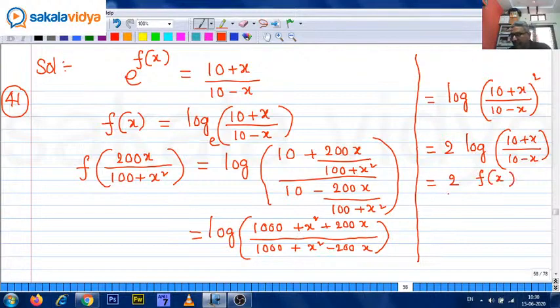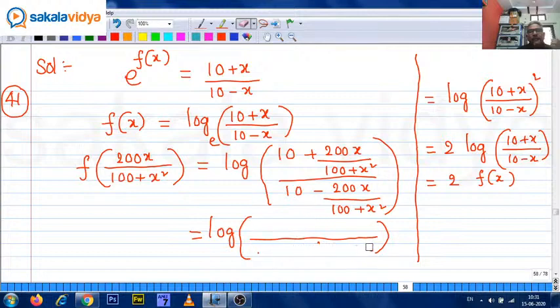So comparing in the question, sorry, here mistake is there in the simplification.